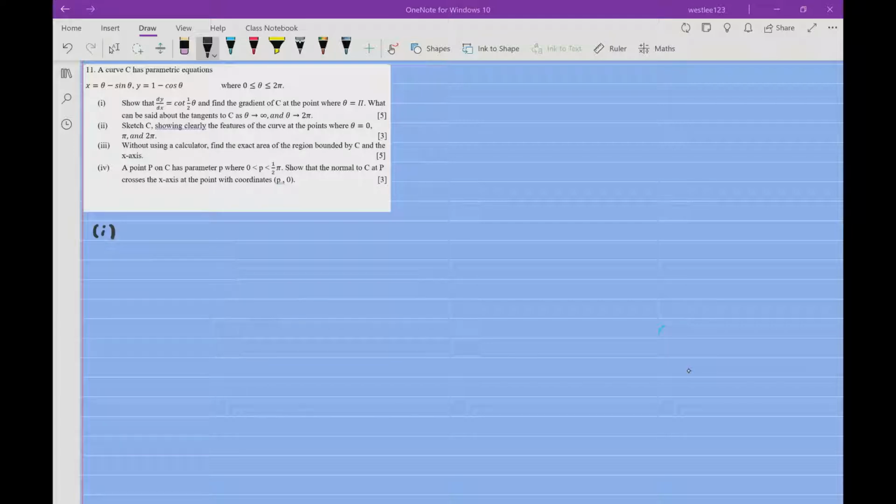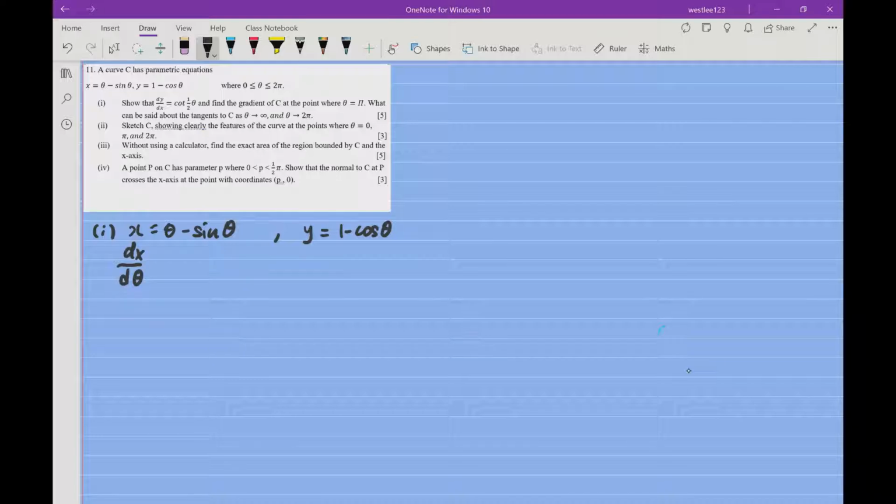So for part 1, we're supposed to show that dy dx equals cotangent half theta. Okay, so for parametric equations, to find dy dx, first of all, you need dx d theta as well as dy d theta. So that's going to be the first thing we do.